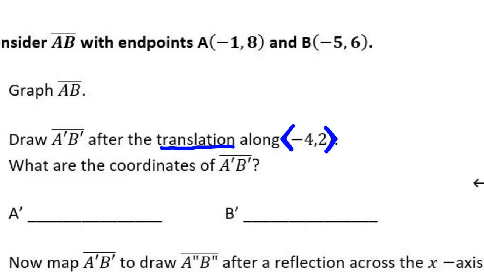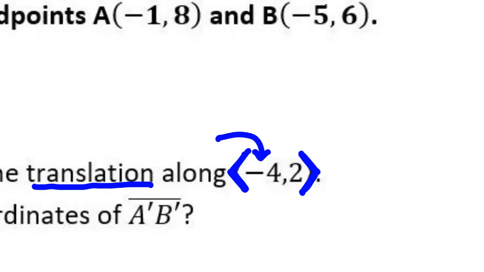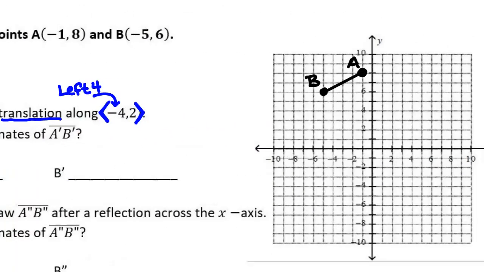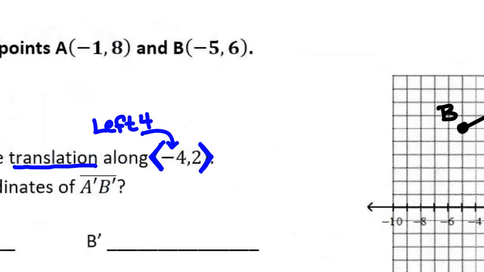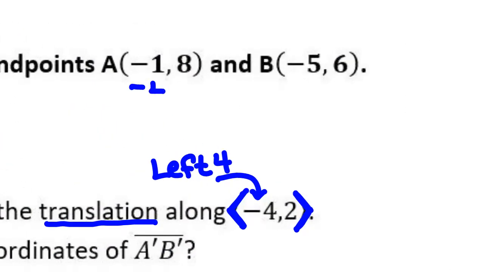Go left 4. So I can either come over here to my graph and I can count to the left 4, or I can go to my ordered pairs and I can minus 4 from the x parts of each of these.